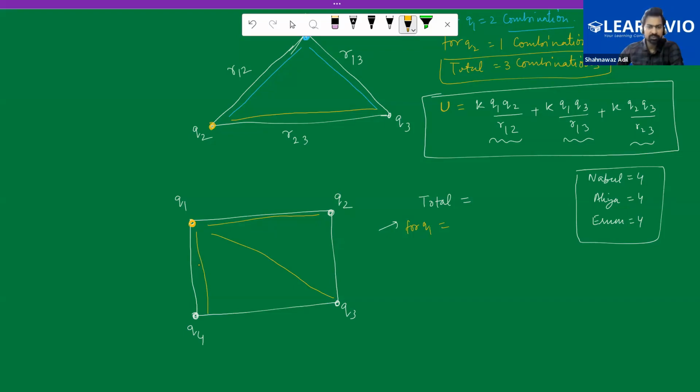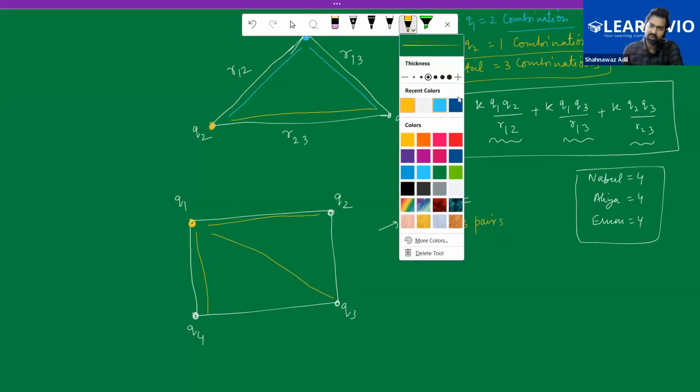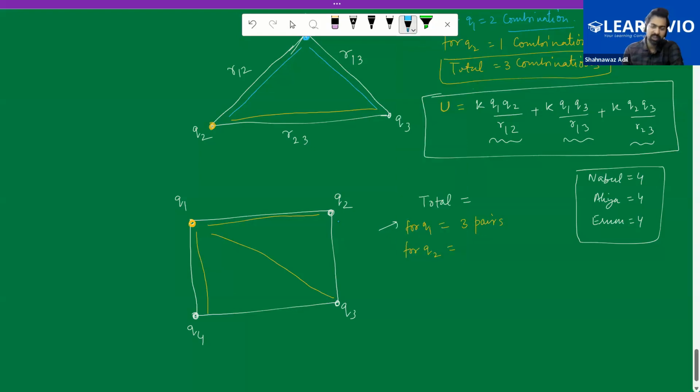Clear? For Q1, we have three pairs. For Q2, how many pairs would there be? If I pick this one, I have already counted it. This one is there, and this one is there. Right, these two pairs.